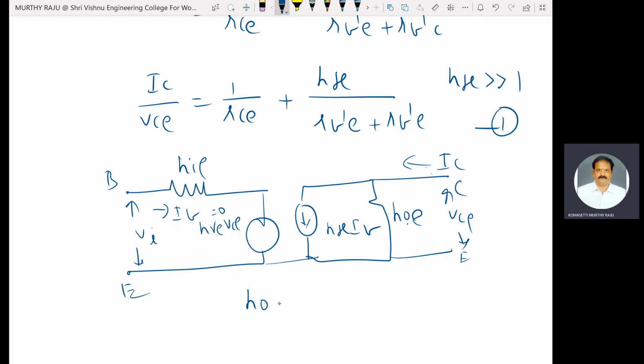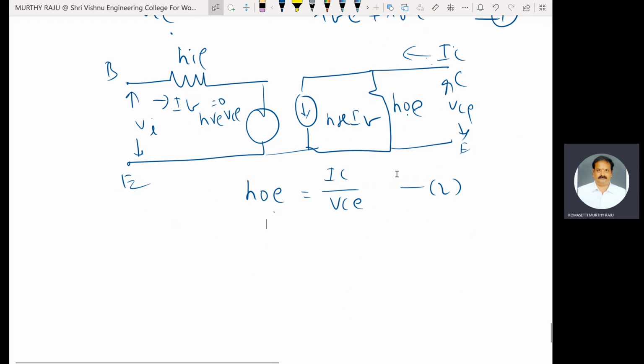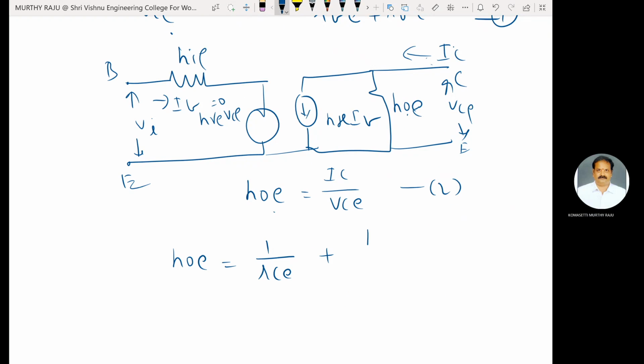Therefore, HOE is the admittance, the collector current IC by VCE. Finally, HOE is equal to 1 by RCE plus HFE by (RB'C plus RB'E).